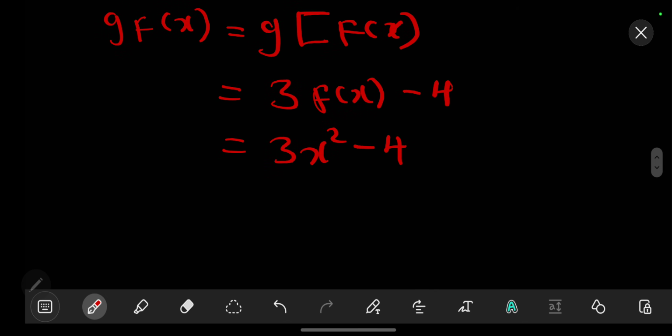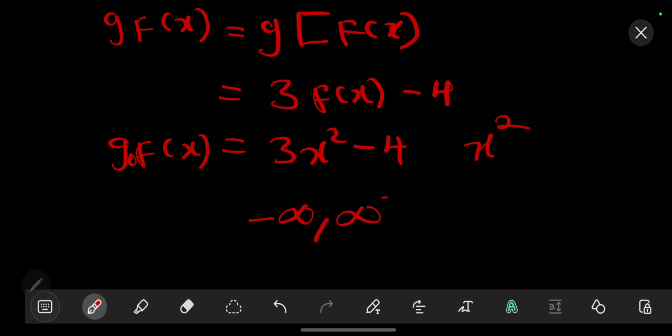So this one is our g(f) of x. Now, if this is our g(f) of x, ask yourself what the domain is. The domain of any quadratic equation, the equation that has got x to the power 2, no matter what numbers are there, is always from -infinity to +infinity.